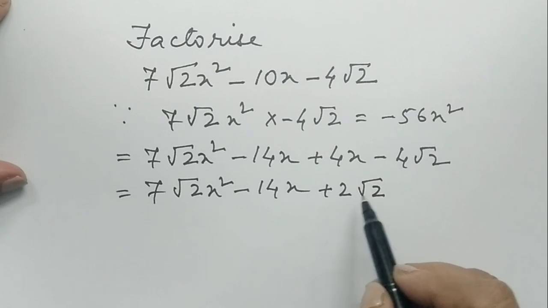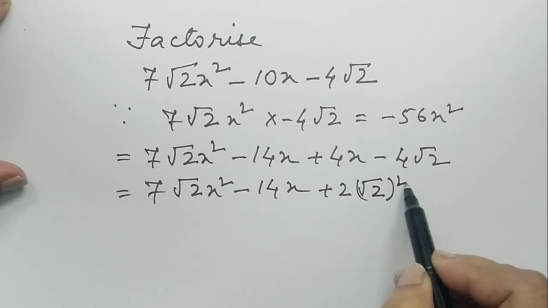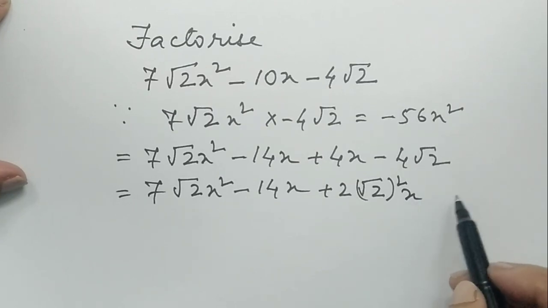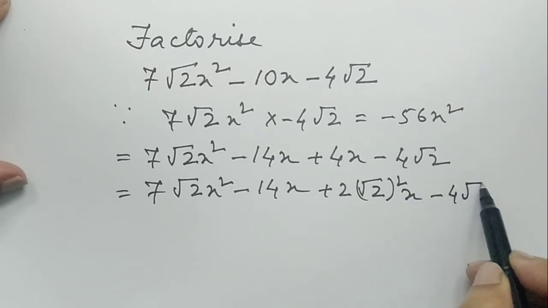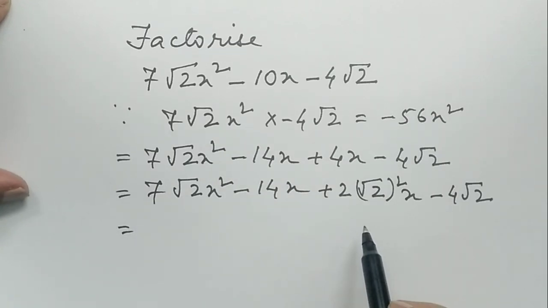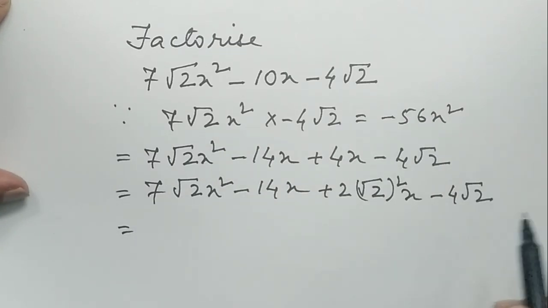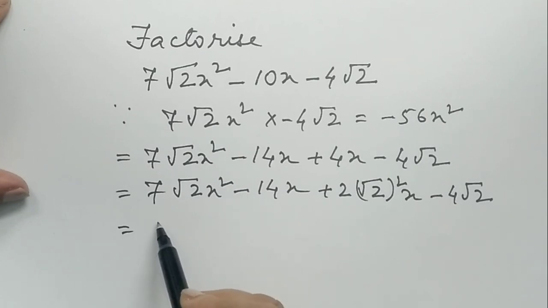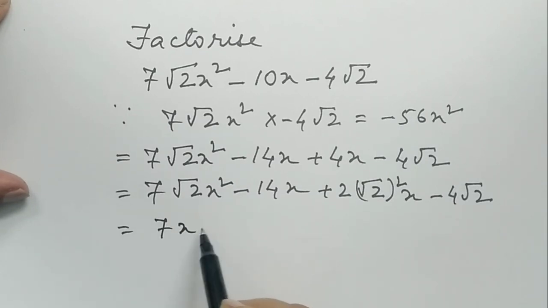Alright. So we can write this as 2 root 2 whole square x minus 4 root 2. Alright. So here now we are in a position to hold common.